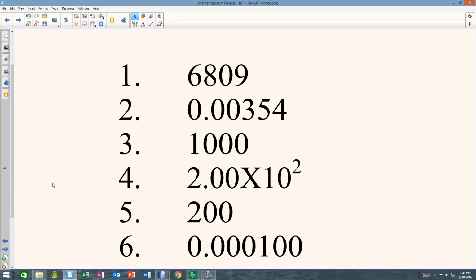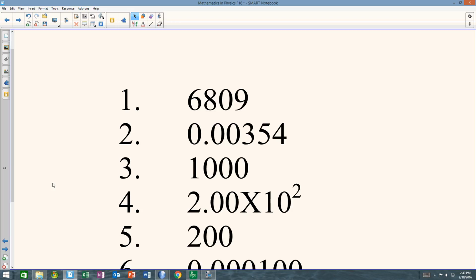Okay, so let's practice. What I want you to do is make sure that you're looking at the previous slide, or at least on yours, make sure you're looking at your lecture notes. Okay, so 6,809. How many significant digits does it have?